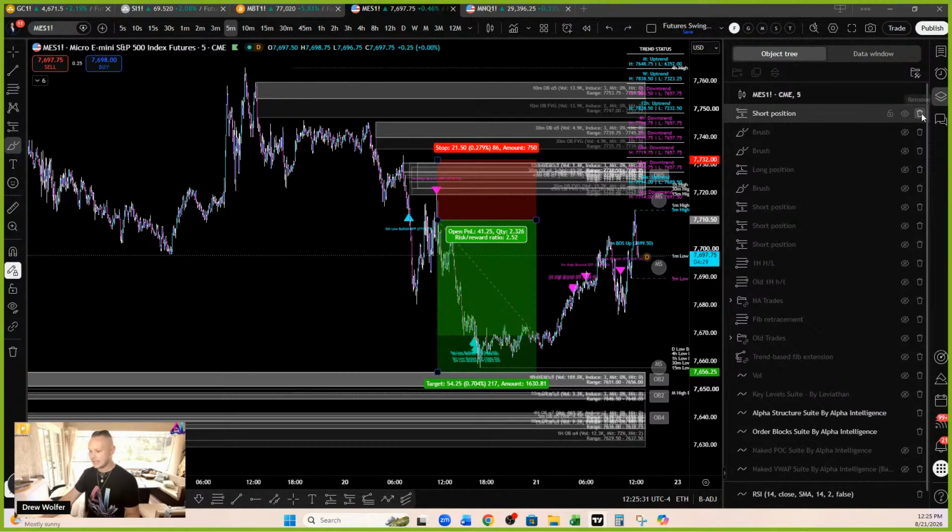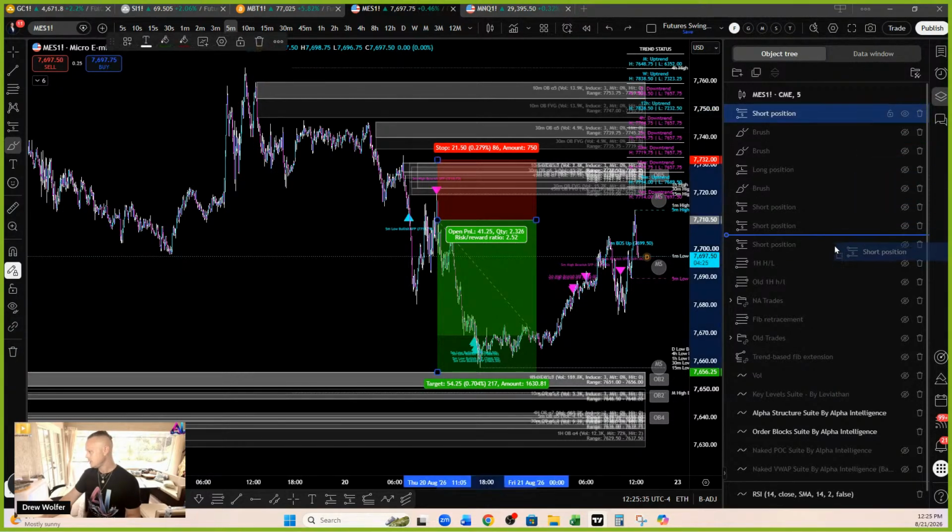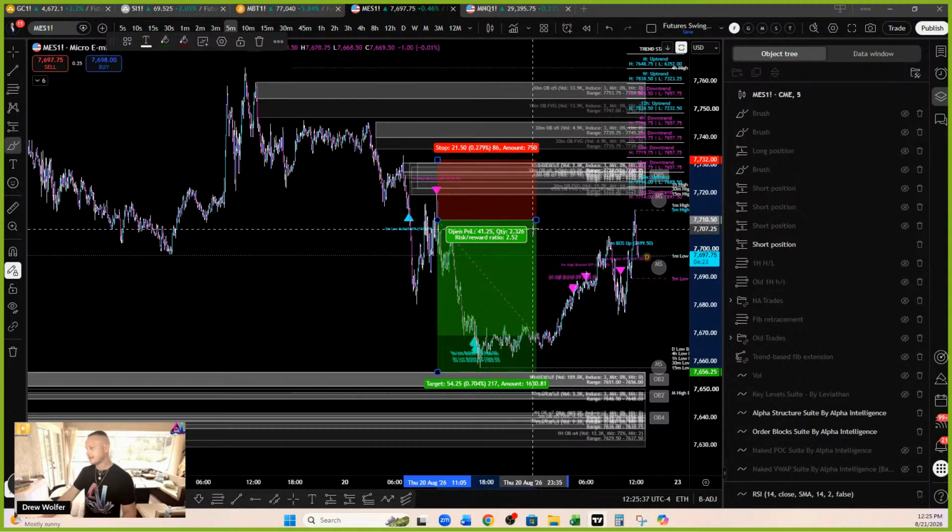So in any case, that is the trend following strategy in a nutshell. Okay. That is the trend following strategy that I was talking about, that when markets start trending, you can use the order blocks to get in on those trends. What is your confirmation?